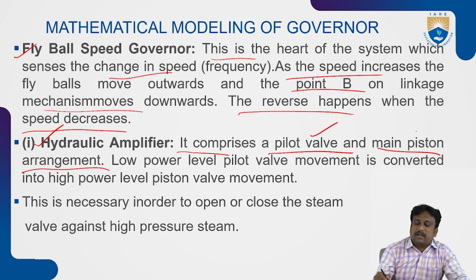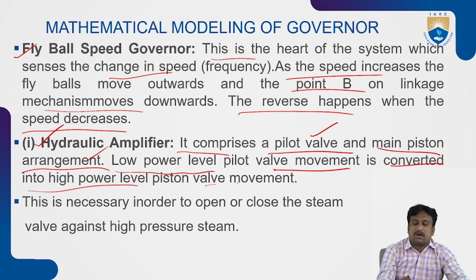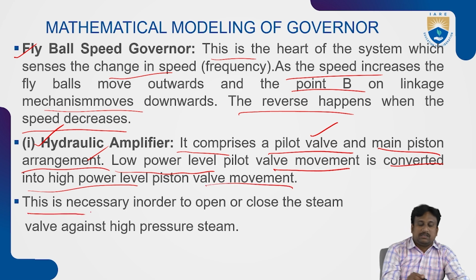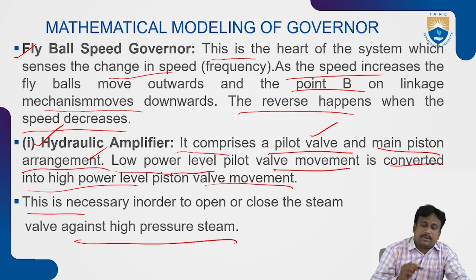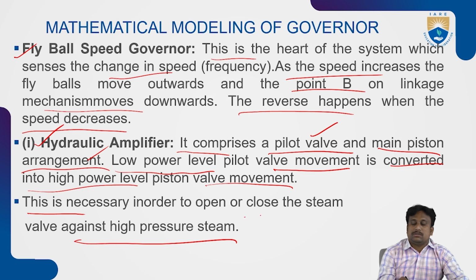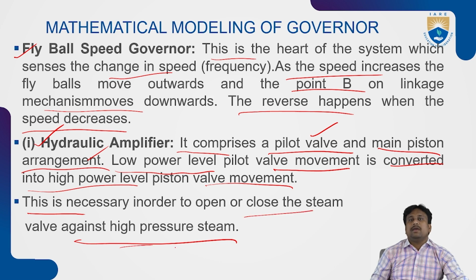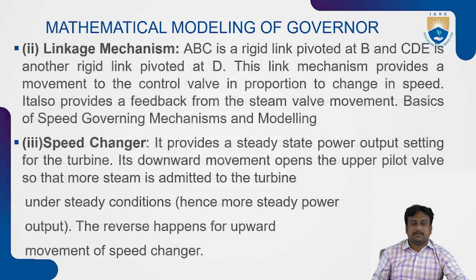With this arrangement, the low power level pilot valve movement is converted into high power level piston valve movement. This is necessary in order to open or close the steam valve against high pressure conditions.